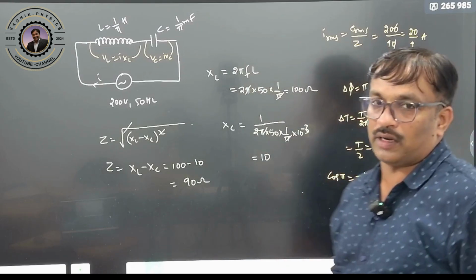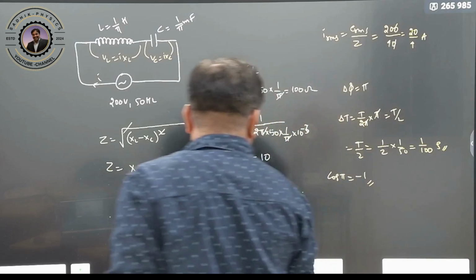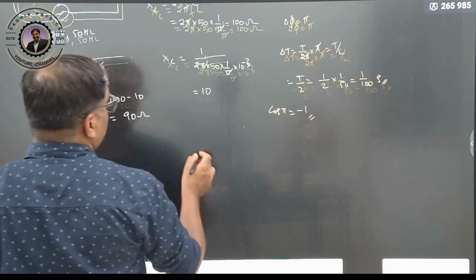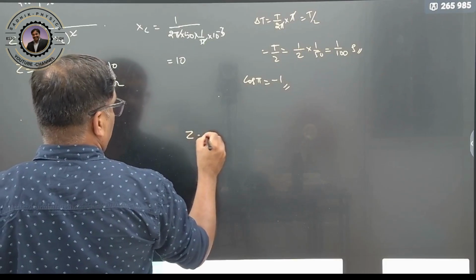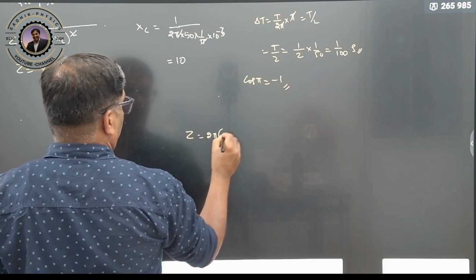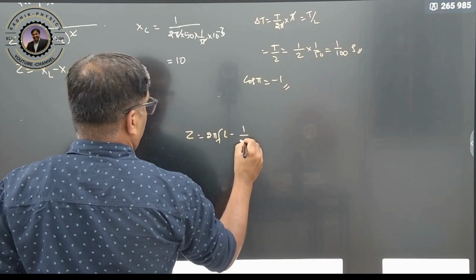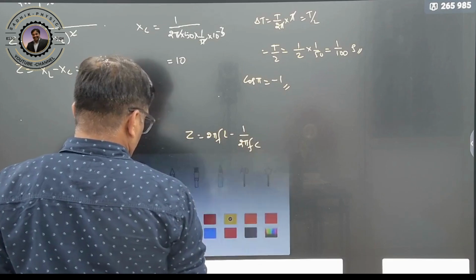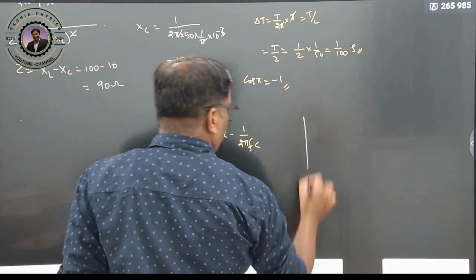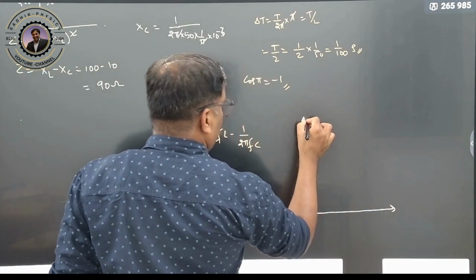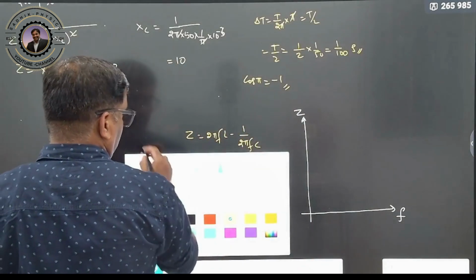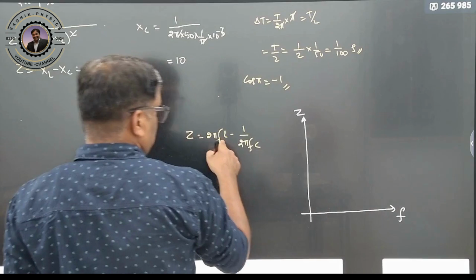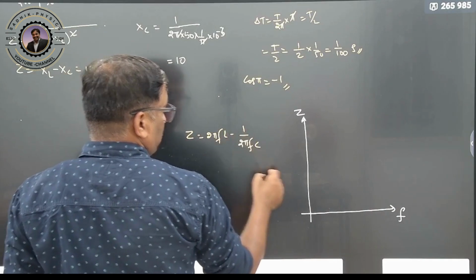Now one more important thing: how the frequency changes the impedance here. Impedance will be equal to 2 pi f into L minus 1 by 2 pi f into C. So for the graph between impedance and frequency, here frequency is 0, so this is 0 means infinity.